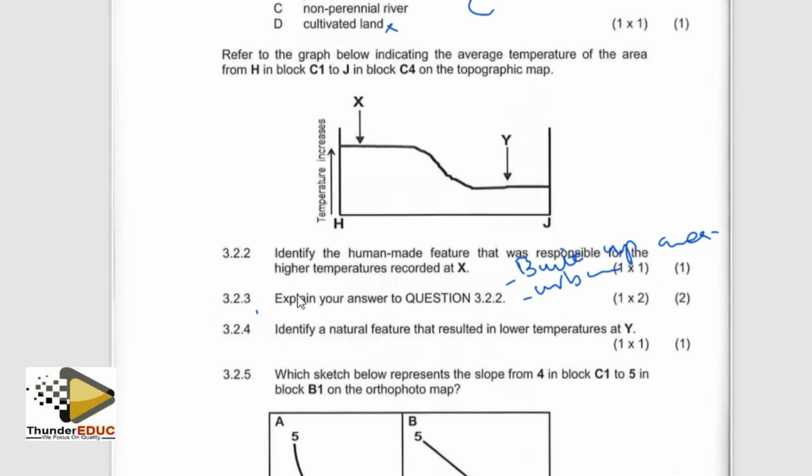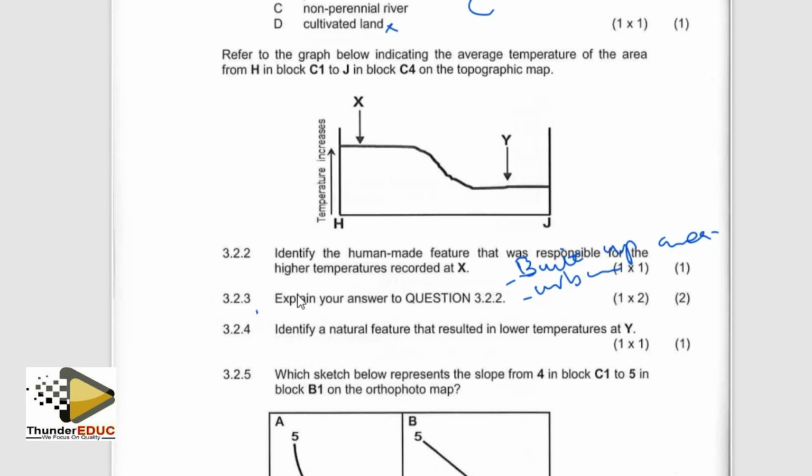So we say, let's try the human-made picture, built up, or a city built-up area. Explain your answer in 3.2.